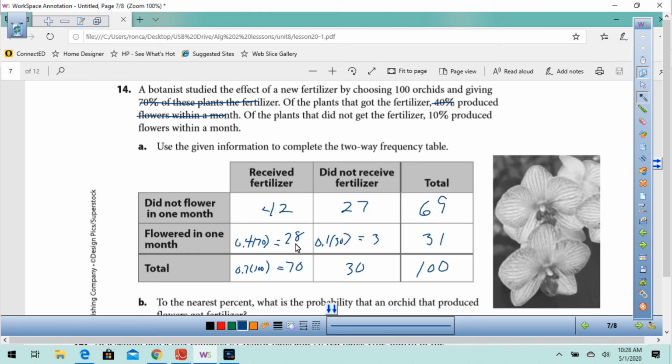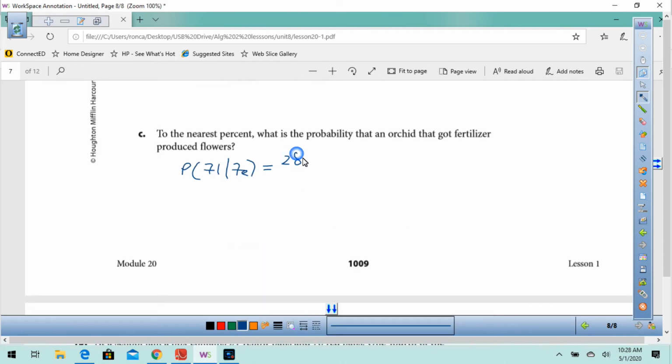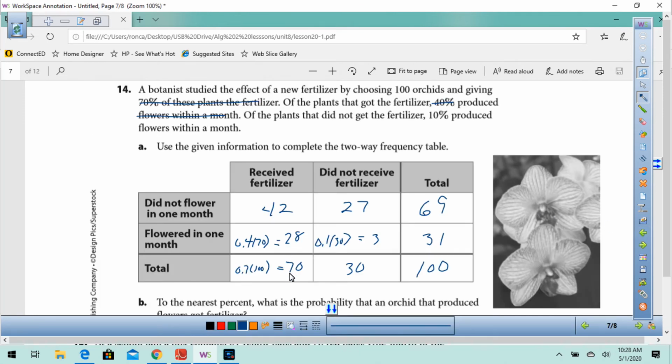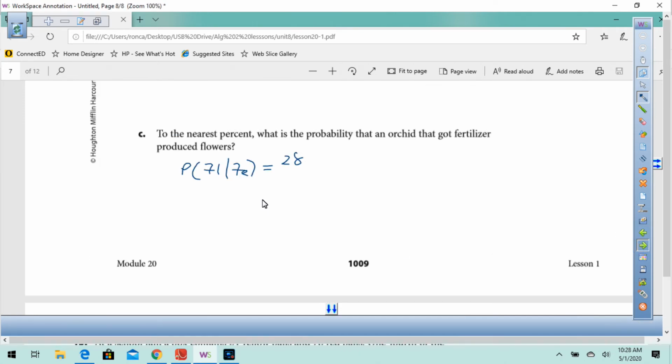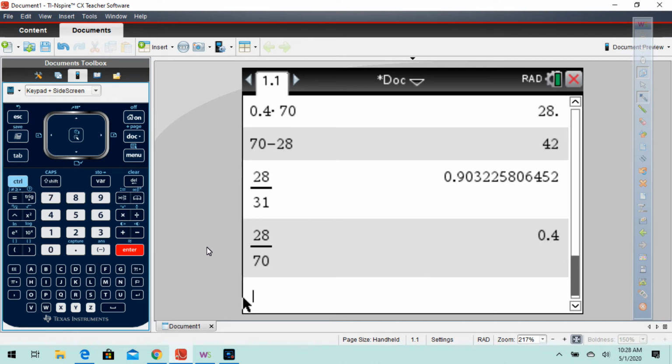It's going to be 28 over 70. 28 divided by 70, and that's 0.4.